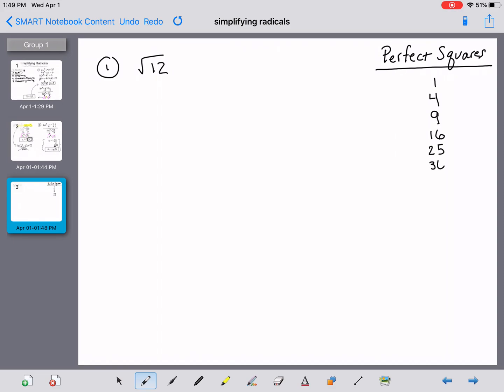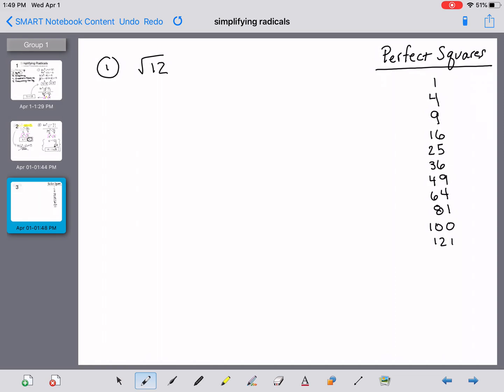And we can keep doing this. Right? And I would say you should at least know up to 100 off the top of your head. And then if you needed to, like 11 times 11 is 121, right? You could keep going with the list if you needed to.